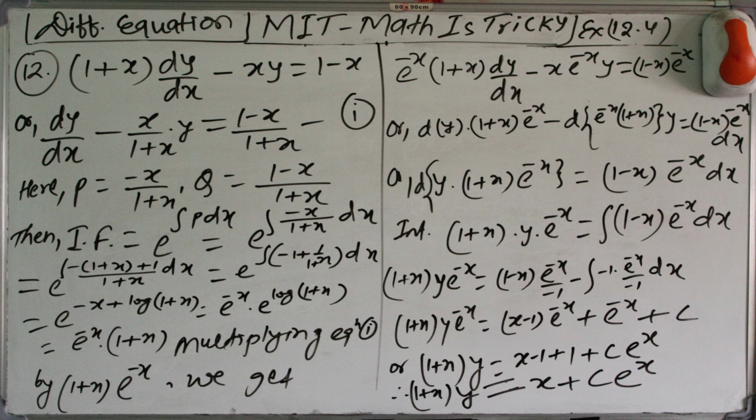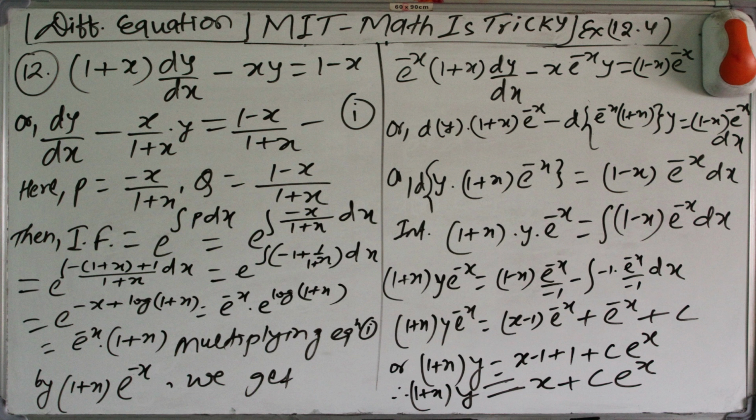Integration by parts is simply first function into integration of second function, and we follow the LATE rule, so the exponential should be considered as the second function. The algebraic function is the first function, into the integration of e power minus x, which is e power minus x by minus 1, minus the derivative of the first function, which is 1, into the integration of the second function, e power minus x by minus 1.